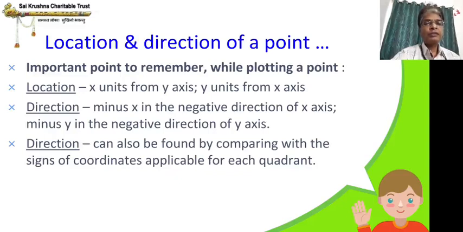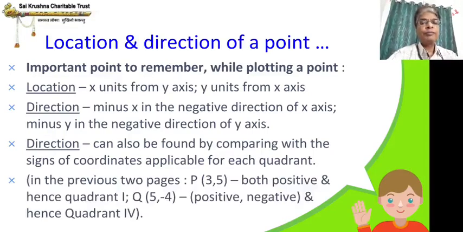So you will be able to remember that. You can cross check whether the coordinates given for the point you have plotted and the signs in that particular quadrant are correct or not. We will discuss that also when we see the examples in the next part.